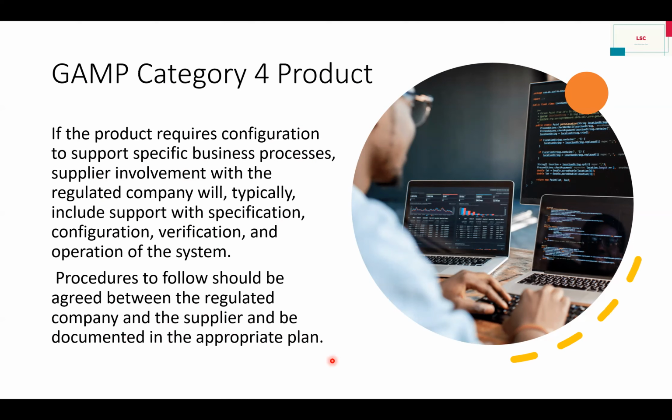So the responsibility in this case is going to be high with the supplier, and as a regulated company, our expectation from the supplier is going to be high, especially in category 4.